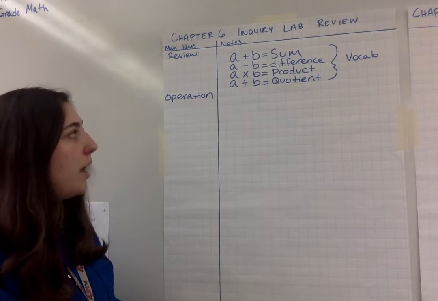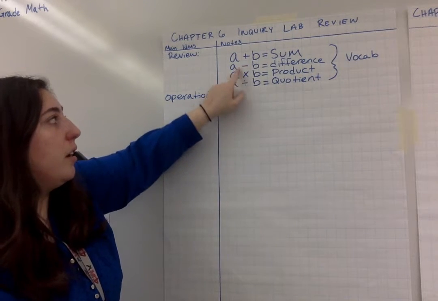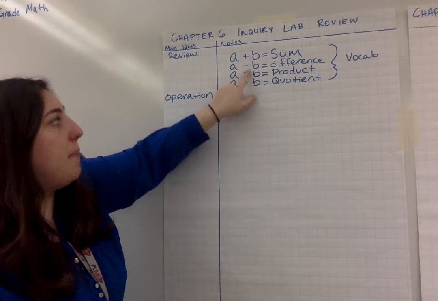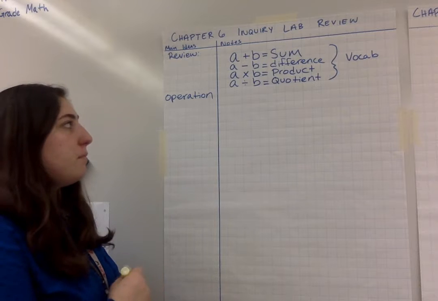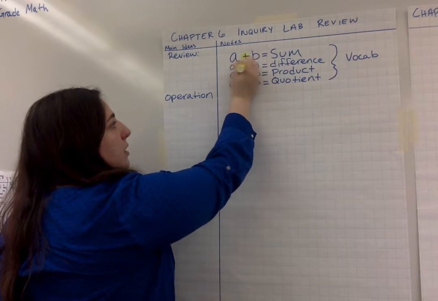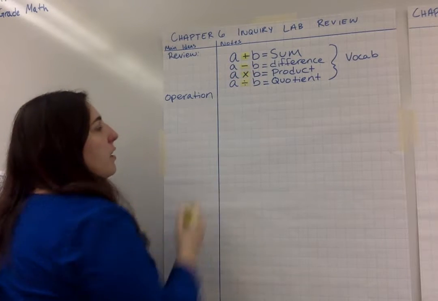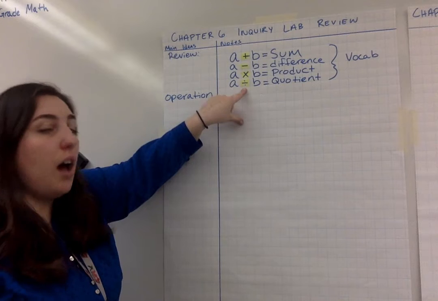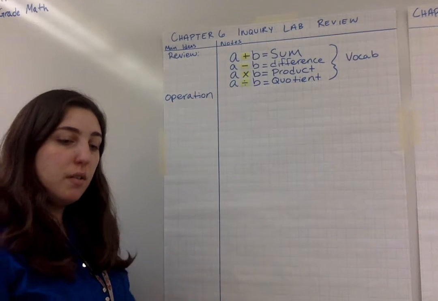We went over what an operation is. An operation is everything that we're doing here. So A plus B, A minus B, A times B, A divided by B. All these things, plus, minus, multiply, divide, those are all operations that we do. They're called operations.